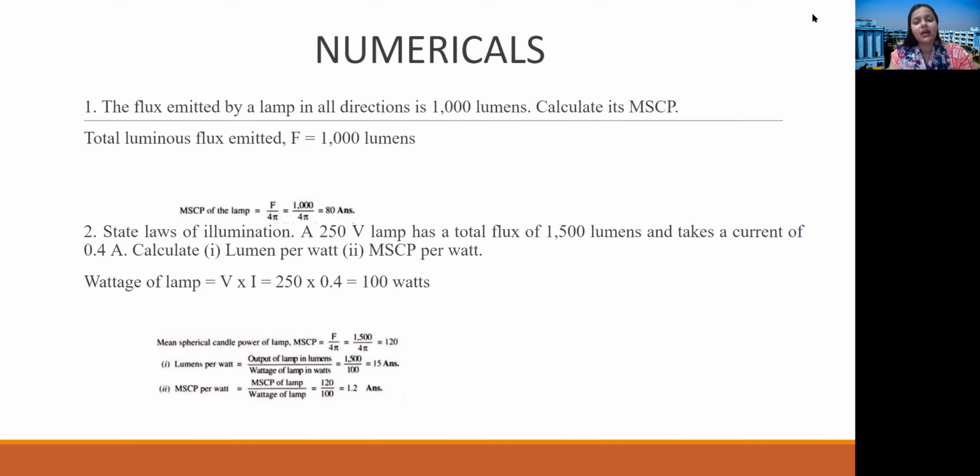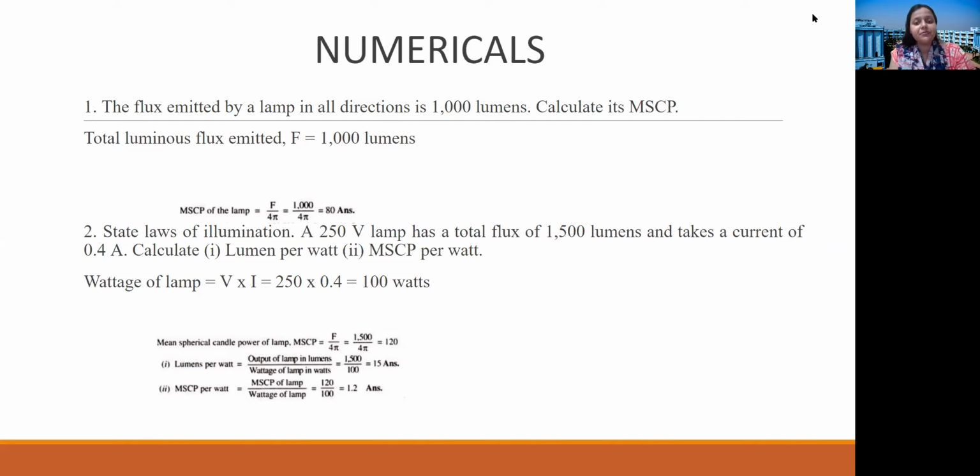MSCP is mean spherical candle power, defined as total flux divided by 4 pi, and its unit is candle power. MHCP, mean hemispherical candle power, is defined as total flux divided by 2 pi.